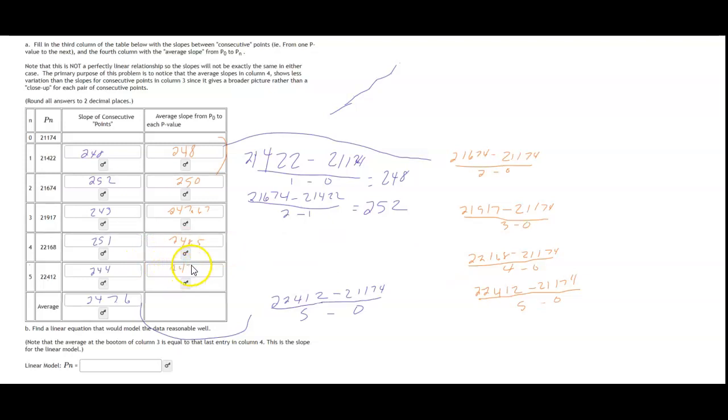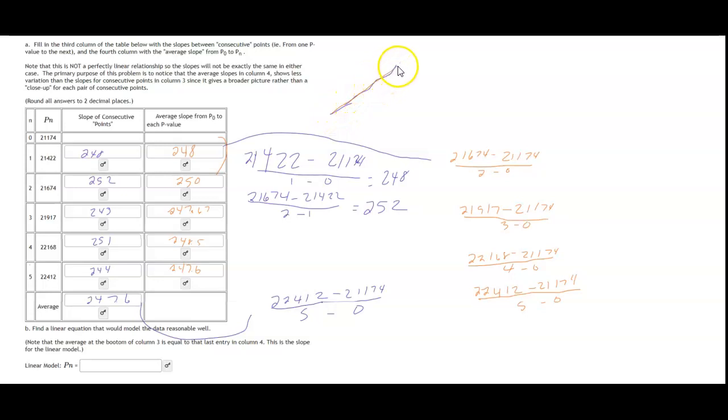Now, this is just to give an idea of what it looks like when you look at consecutive points. It does give you an idea of what's happening from point to point. The average slope gives you a better picture of the long run, so instead of going from point to point, it'll kind of smooth everything out a little bit.